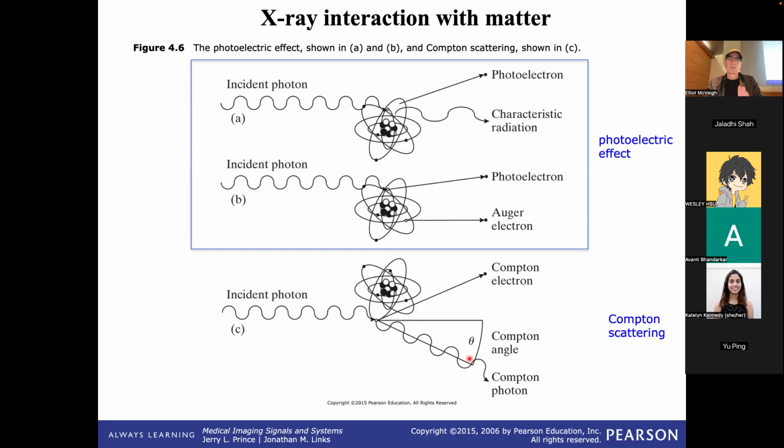So remember, we did two interactions with matter. We've just recently done two. The first one was we boil electrons off of a cathode and accelerate them towards a target, which is the anode. And that collision creates these X-rays that we've labeled here as incident photon.